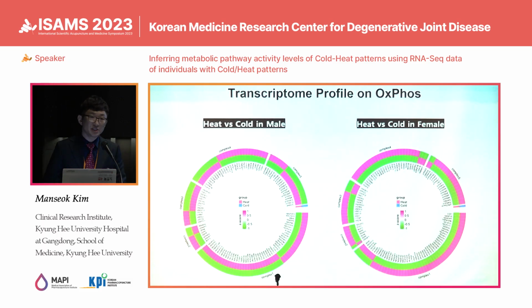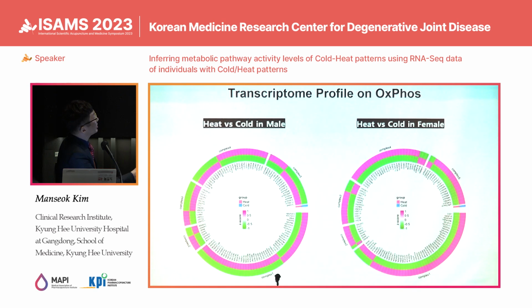Here we used a gene list provided by Dr. Douglas Wallace at UPenn, one of my collaborators. He's actually one of the pioneers in mitochondrial energy metabolism research. So this pathway is oxidative phosphorylation, the main pathway for energy metabolism.